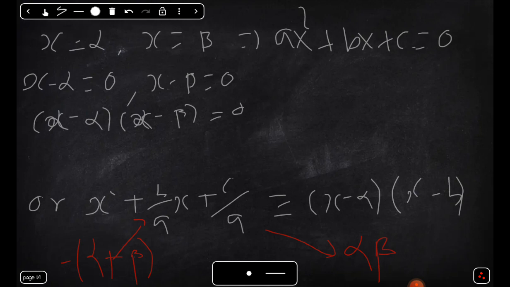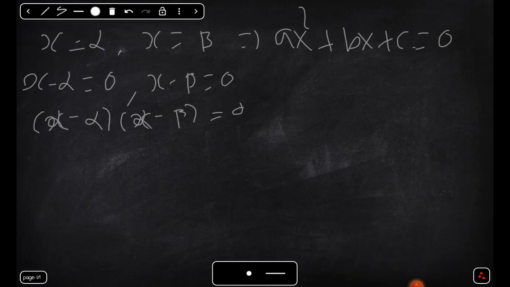Thus, expanding these two expressions, we are going to obtain: x times x is x squared, then x times negative beta is minus beta x, x times negative alpha is minus alpha x, and negative alpha multiplied by negative beta is positive alpha beta. Okay, so that is also equal to 0.